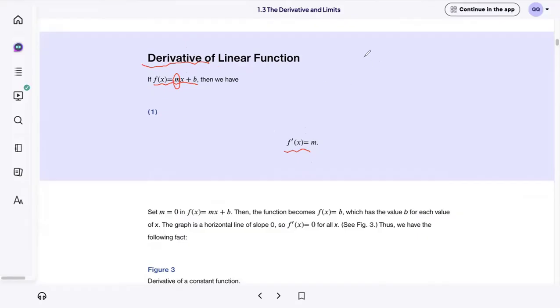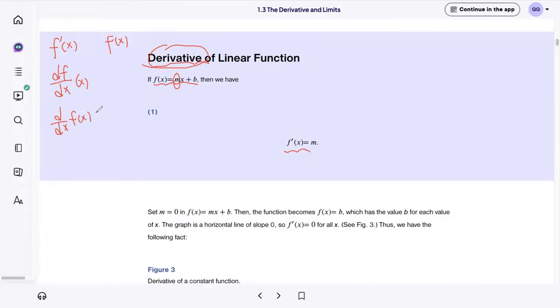So we need to get to two notations whenever we talk about a derivative. One, we use f prime of x to mean the derivative of a function f, or the rate of change of the function f. Or another one, we write df/dx, df/dx of x, or sometimes d/dx f of x.